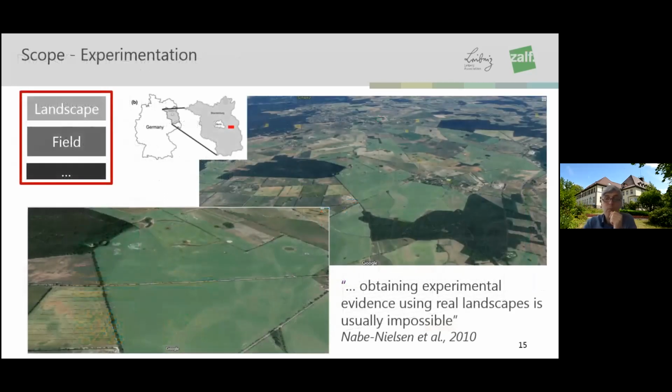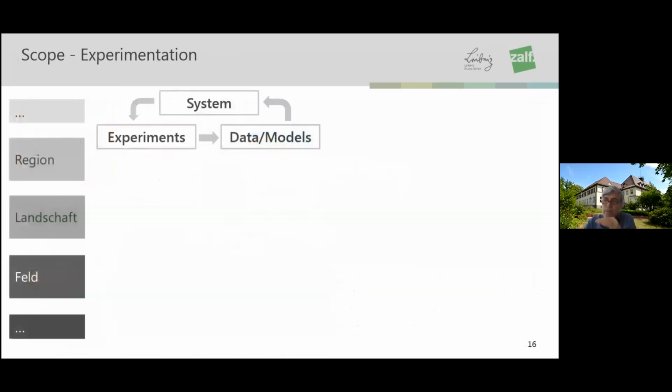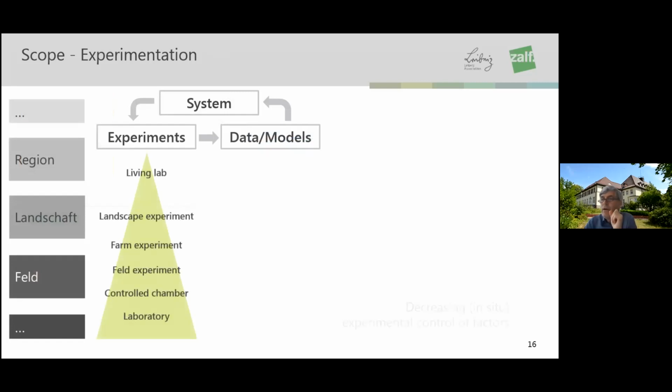Things become even more complex if you really want to move from the field to the landscape scale. There are quotes that people say, well, obtaining experimental evidence using real landscapes is usually impossible. We know that as we move up the levels of the organization, our ability to control experimental factors becomes much less.